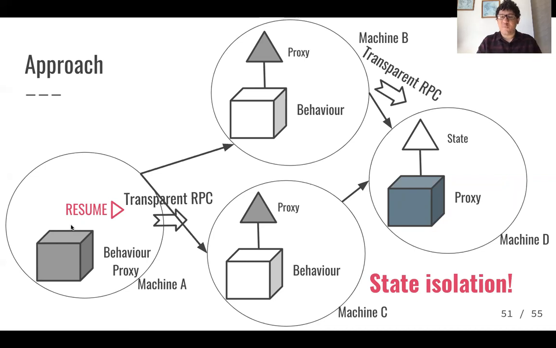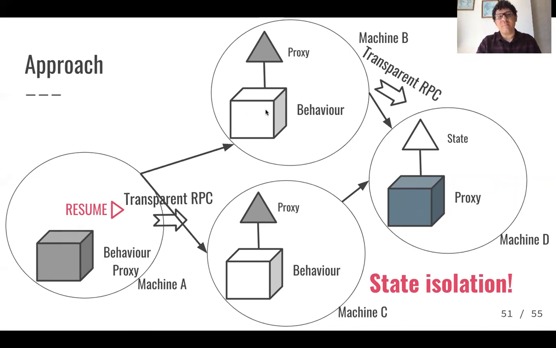So let's take a look at what's going on here. Local function calls get to the object and then to a proxy. The proxy will reroute the function call to the actual object behavior, and the process will happen in this machine.